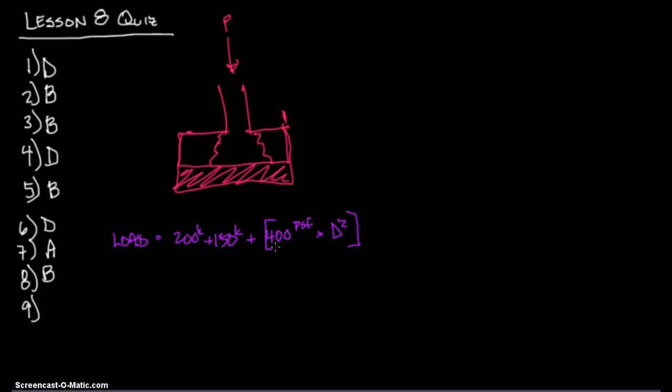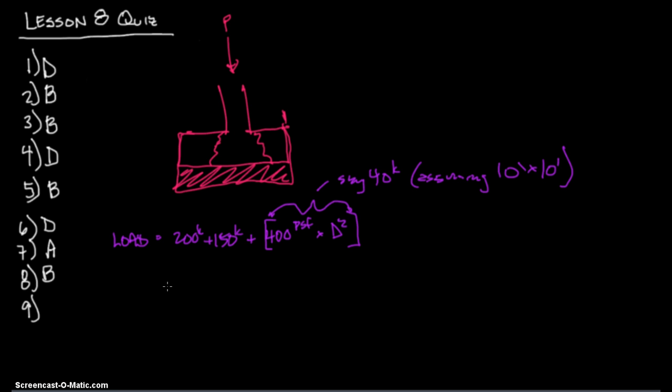Let's assume this is going to be 40K, just for simplicity, and that's assuming 10 by 10, 10 foot times 10 foot. If you look at the answers, actually, none of them are that large. So we're being a little conservative, and that's all right. Then we can make it a two-step process where we get the D that we think it is and redo it and see what we get.